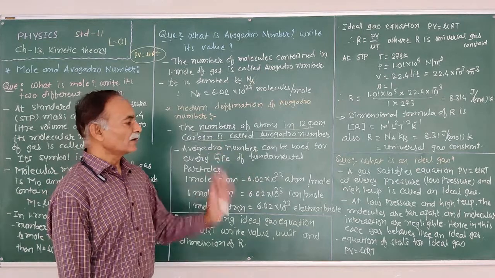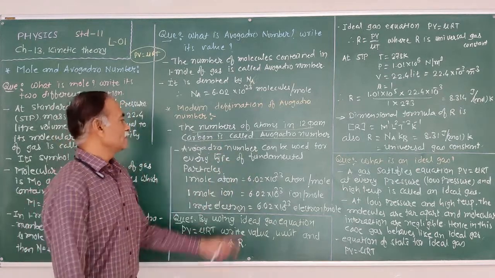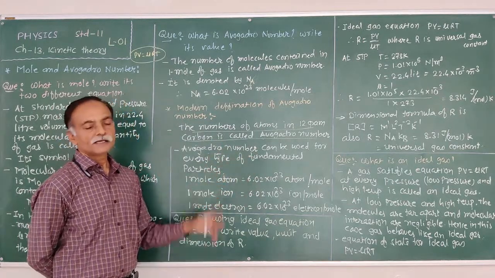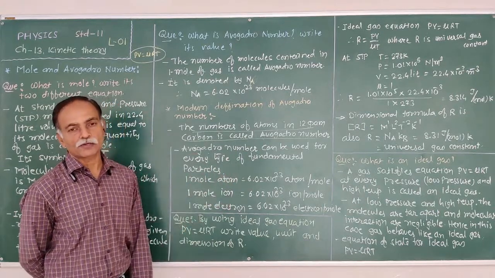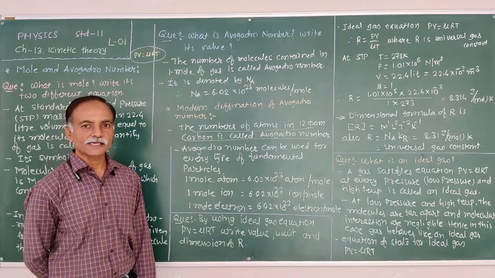So according to the modern definition, we can apply the Avogadro number to each and every fundamental particle, like atoms, ions and also electrons.